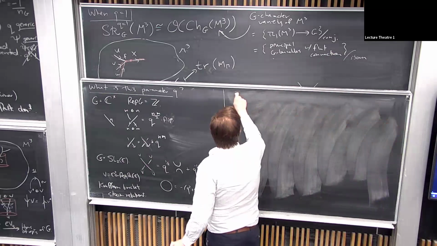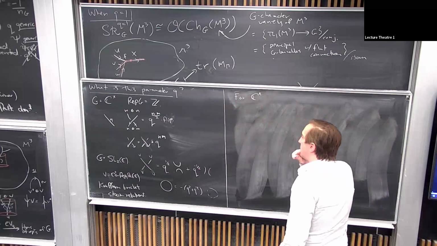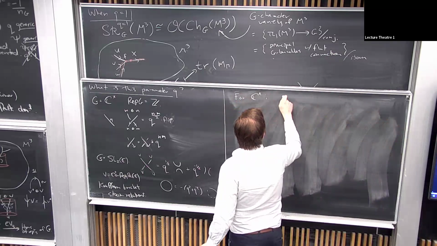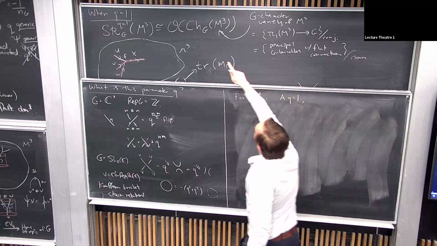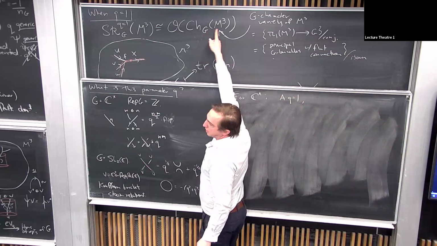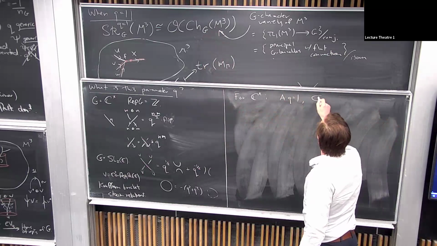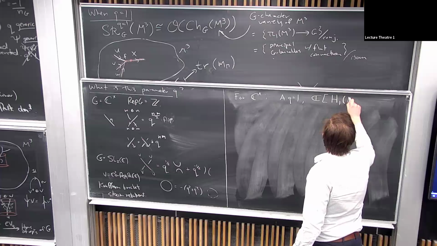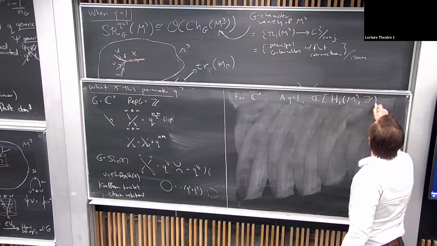So for C star, at Q equals 1, we're just looking at functions on the C star character variety of M3. This is the same as the group algebra of the first homology of your 3-manifold with integer coefficients.